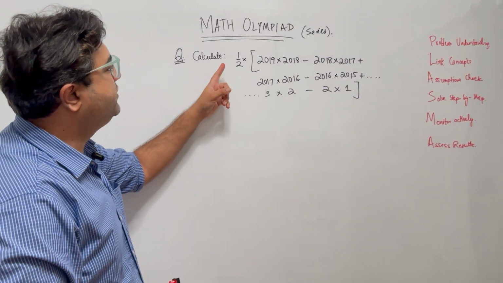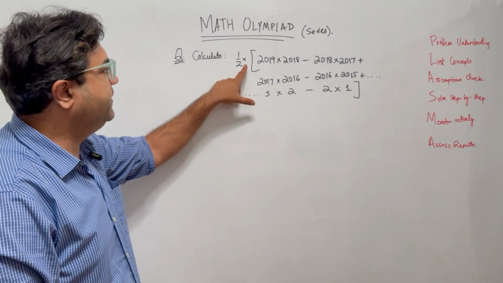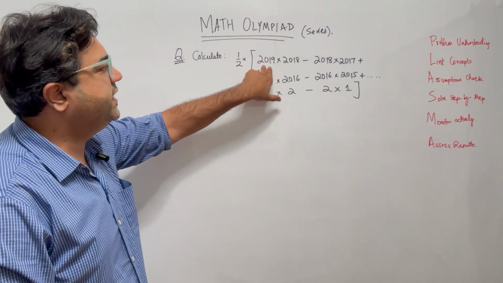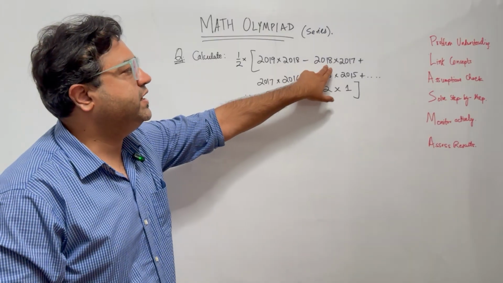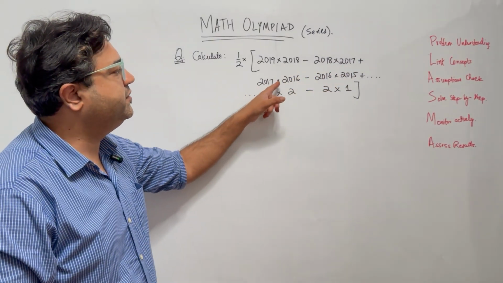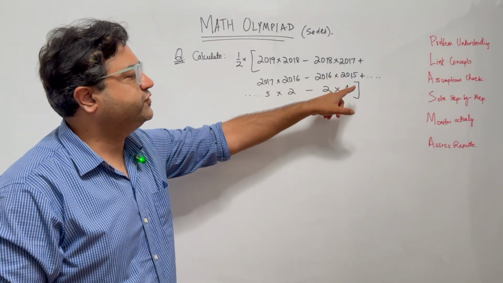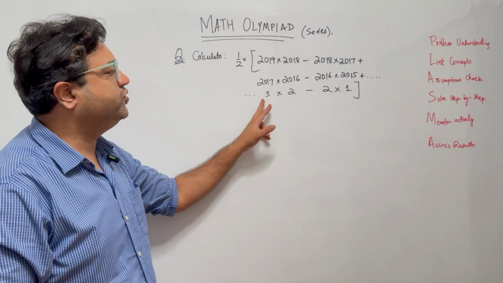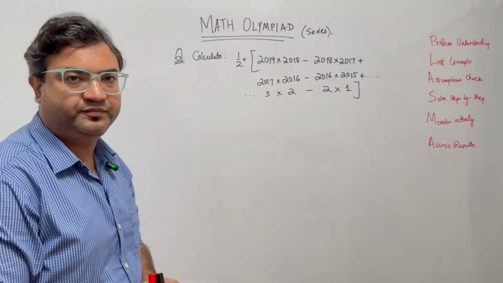So we have to calculate this expression, which is half times 2019 multiplied by 2018 minus 2018 multiplied by 2017 plus 2017 multiplied by 2016 minus 2016 multiplied by 2015 plus all the way up to 3 multiplied by 2 minus 2 multiplied by 1.